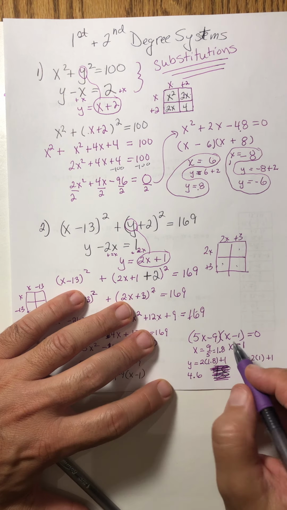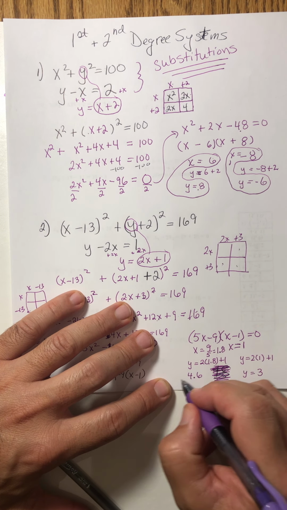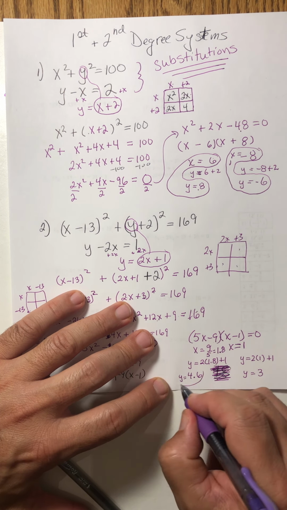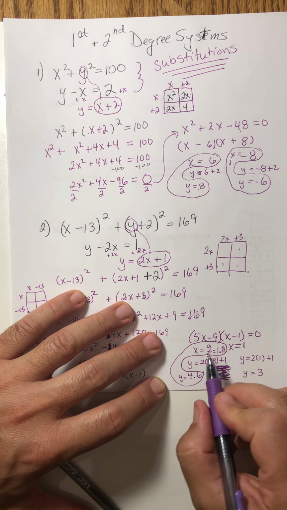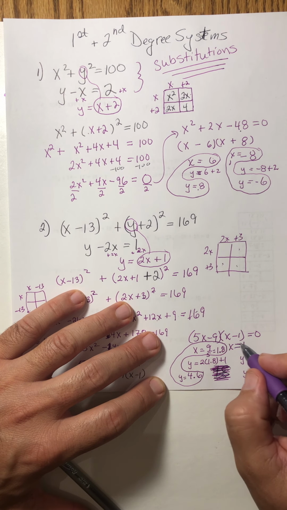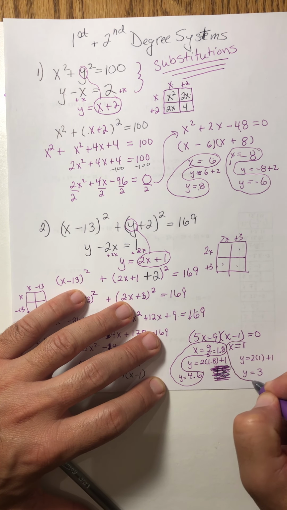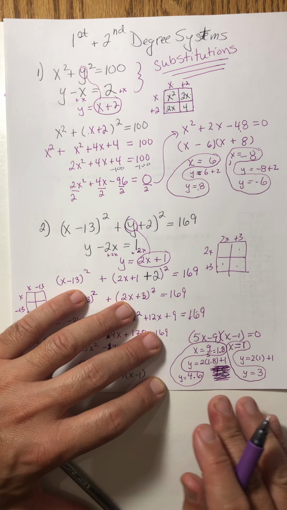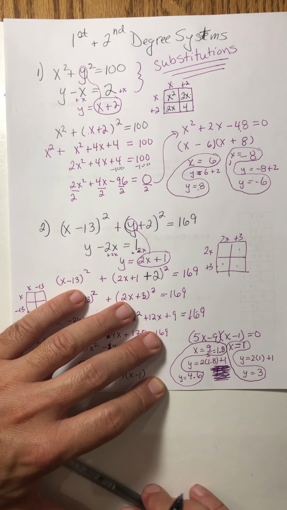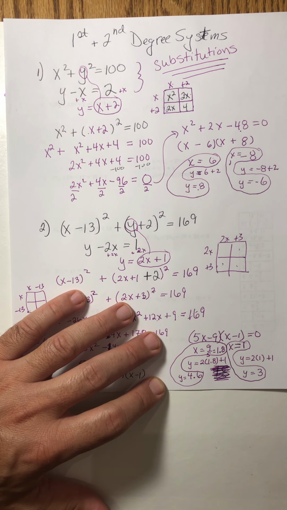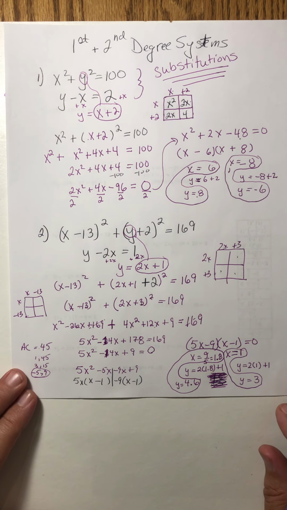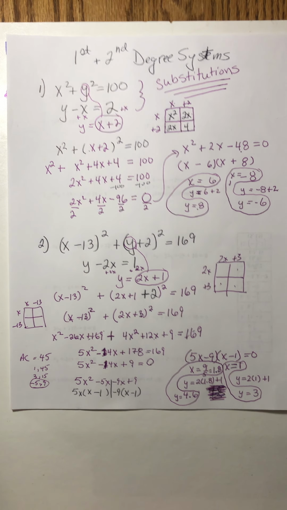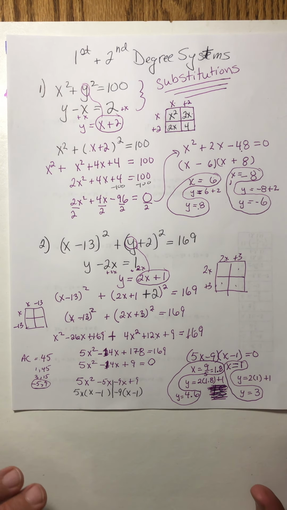So we have our two answers: x equals 1.8, y equals 4.6, and x equals 1, y equals 3. Okay, nice, straightforward as can be. It's pretty straightforward, guys.